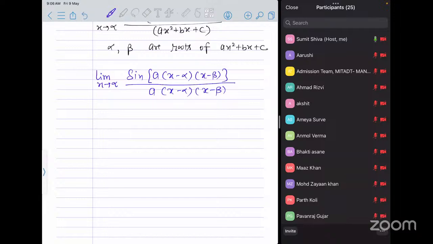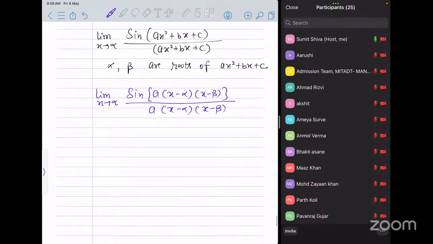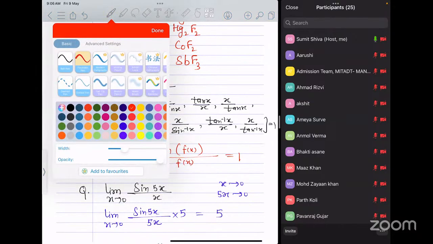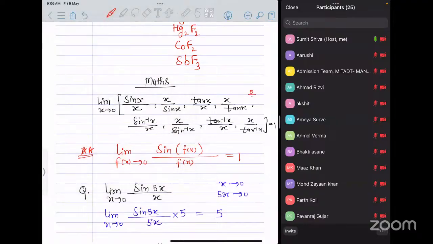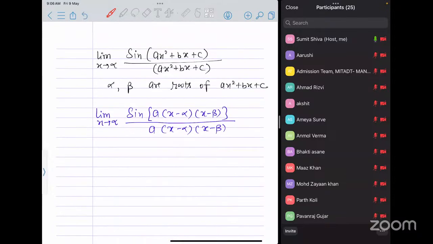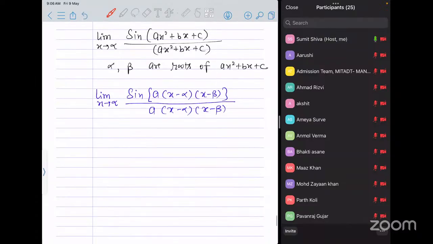Now if you look at the arrangement of x tending to alpha, x minus alpha will be tending to 0, and this will be 0 by 0 form. In 0 by 0 form, sin x by x gives 1, or sine of f of x by f of x gives 1. So this will be sine f of x by f of x, where f of x is tending to 0.